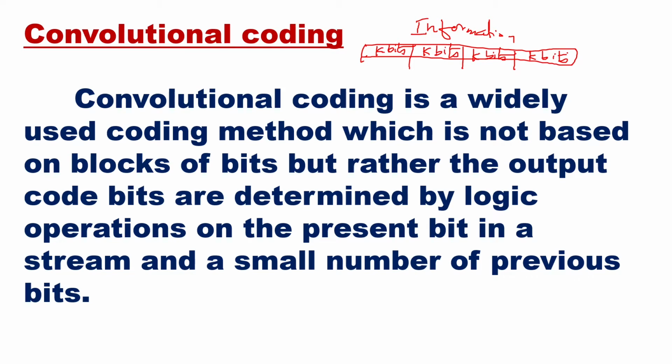The present bit, as it enters, we are going to operate on it with some logic operation, especially XOR gate operation. This XOR gate operation will be done on the present bit stream and a small number of previous bits. This will be clear to you once we see the diagram for it.